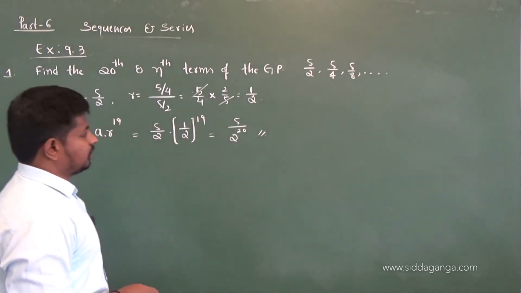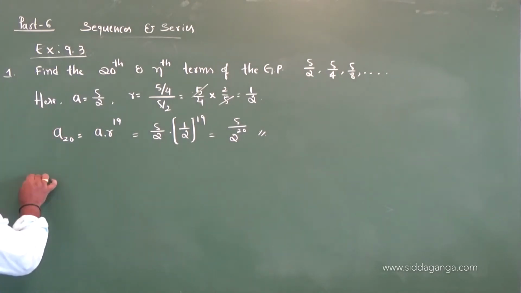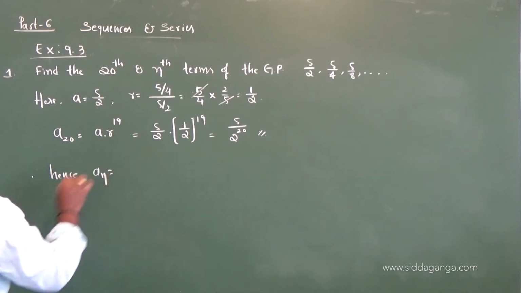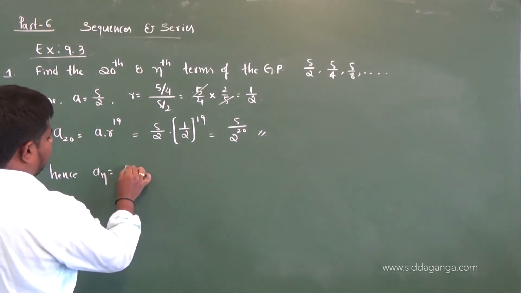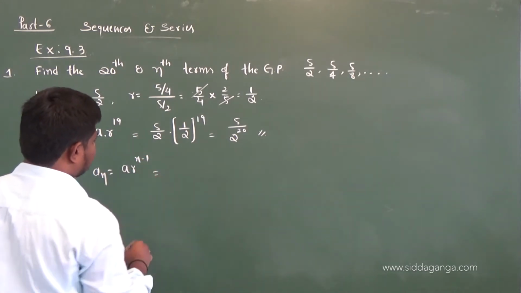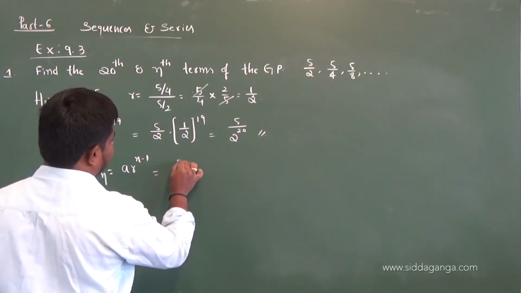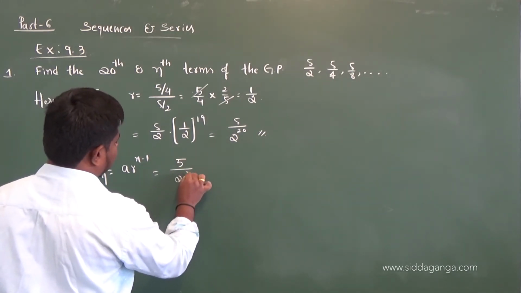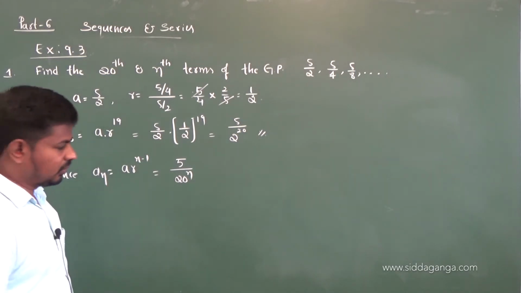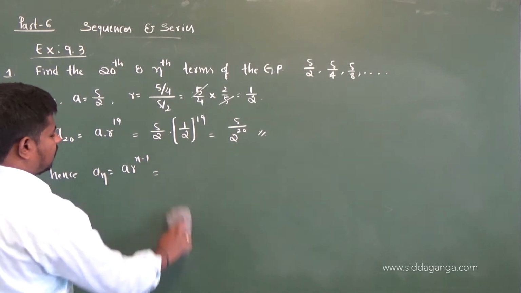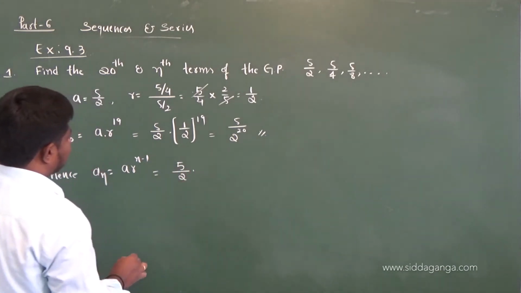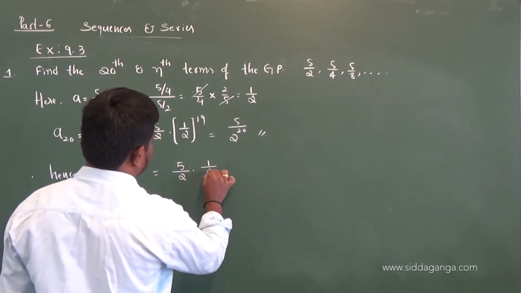Now, what is the nth term? Your nth term is given by A into R power of n minus 1. So 5 by 2 power of n, this is the nth term, okay. Or by substituting, what is A? A is 5 by 2 into R, which is 1 by 2 power of n minus 1.